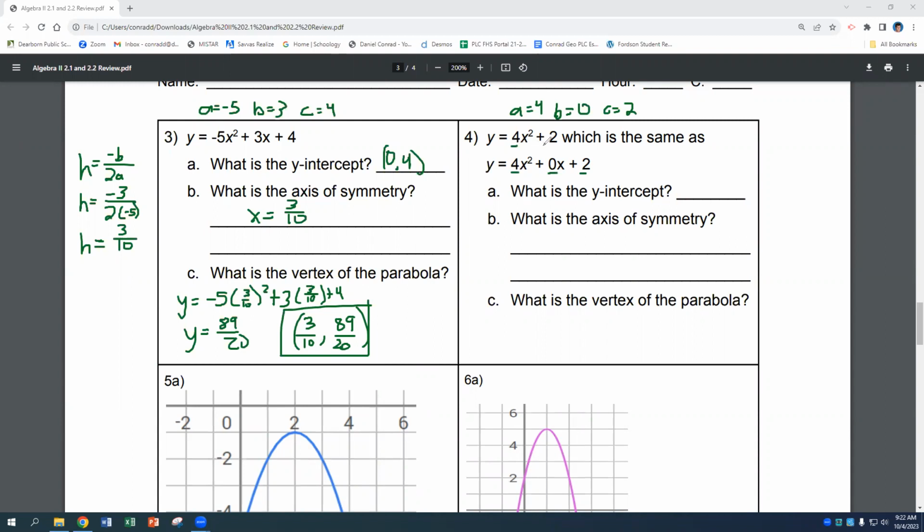Just because b's not written here doesn't mean there's not a 0, right? You have 0 x's, so this is a, b, and c. Okay, your y-intercept is going to be 0, 2, right? Your c is going to be your y-intercept in standard form. But if you need to, you can substitute in a 0 for x. So 4 times 0 squared is 0 plus 2.